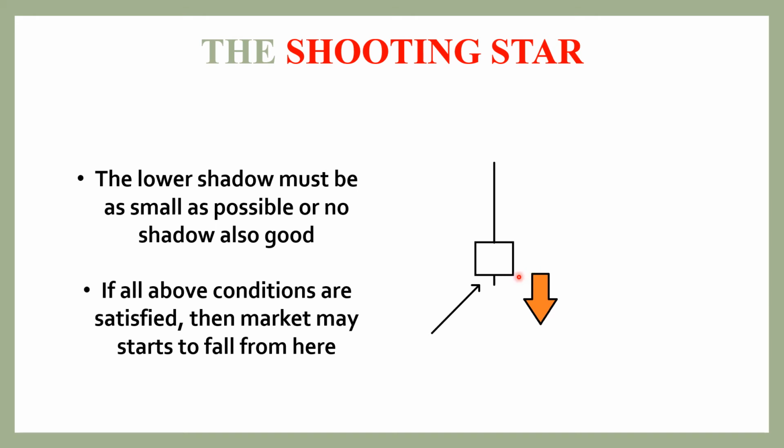After closing, you have to take the entry here. You can keep the stop loss above this wick, above the shadow. Aim for the target like here or somewhere here. You can take the exact stop loss and exact targets when seeing practical examples.